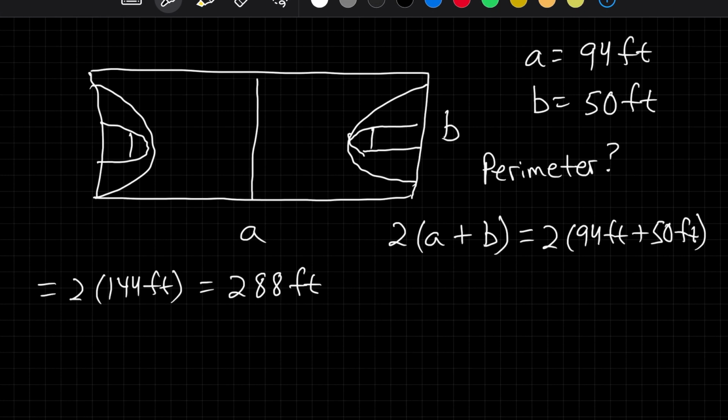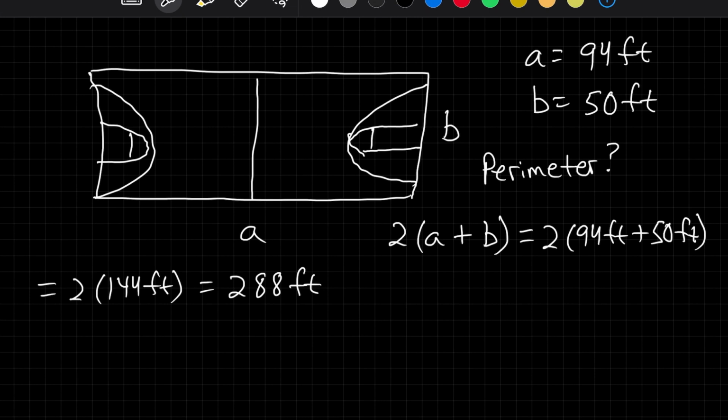Basically what we did is we had the mathematical expression of 2 times (A plus B), and we plugged in what A was: A is 94 feet and B is 50 feet.